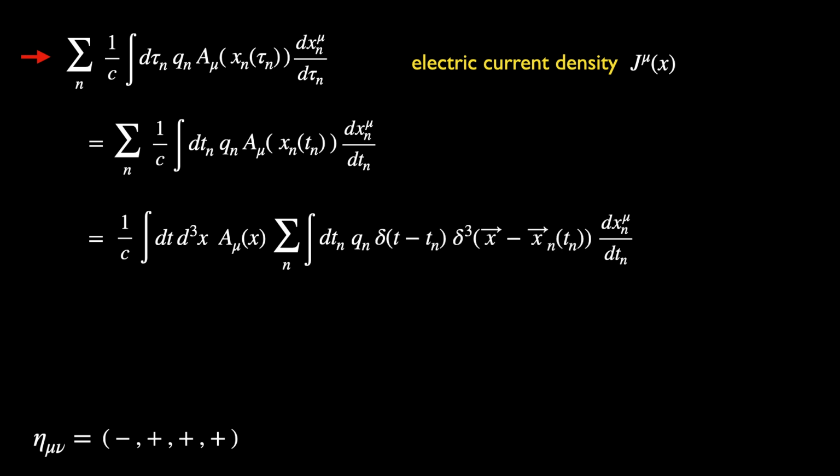Take some time to look at this expression. It is easy to see that this is equal to the preceding expression. First note the argument of the A field. They are now the spacetime variables of the new spacetime integral. Evaluating the new time integral, this time delta function will replace the new time variable with the individual time coordinates of the particles, as in the preceding expression.